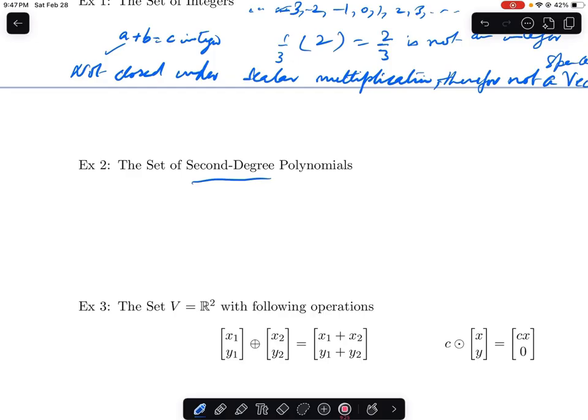For example, let p(x) be 2x squared minus 3x plus 1, and q(x) be 3 minus x minus 2x squared.